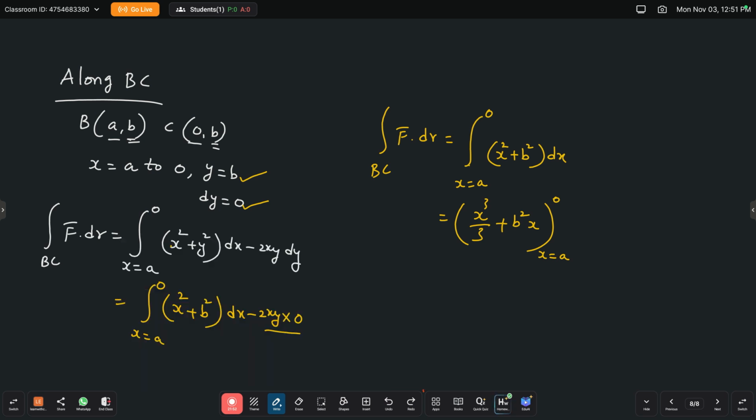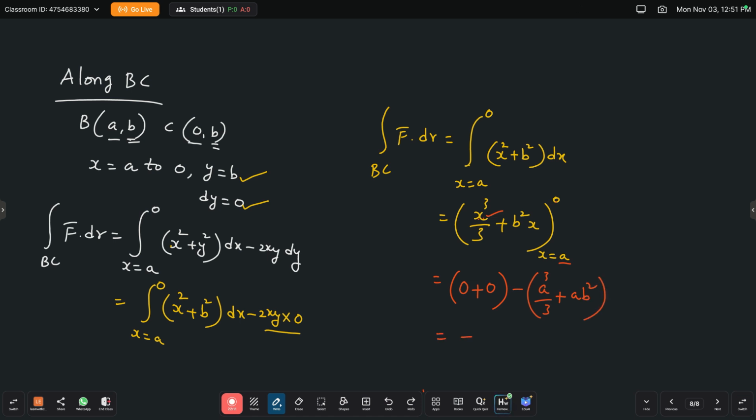Take the upper limit 0 in place of x, minus the lower limit, put a. So a cube by 3 plus ab square.